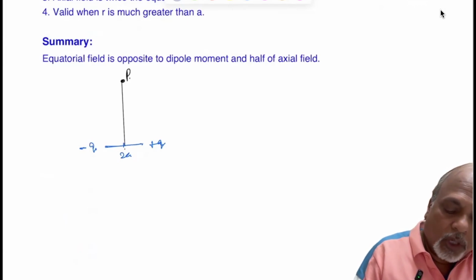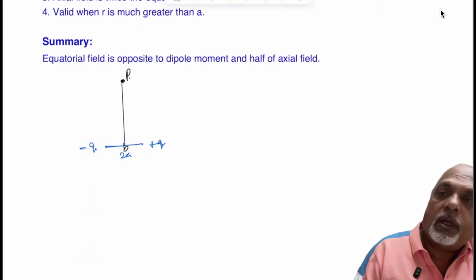And this PO, you can say it is at the perpendicular bisector of the dipole.